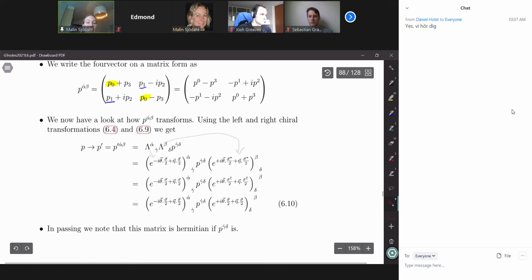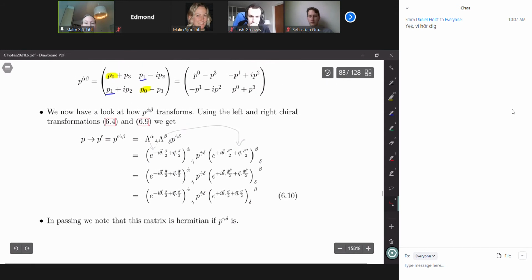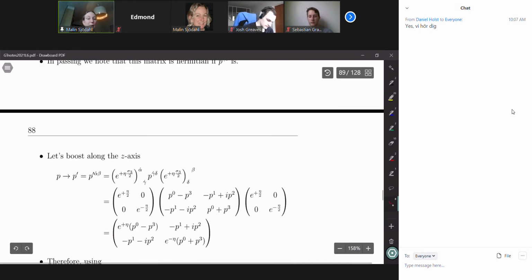One can see that by Taylor expanding the exponent here and here. So this guy is Hermitian, and as promised, it doesn't move into the anti-Hermitian component. We start with something Hermitian, and we have a Hermitian matrix after the transformation.